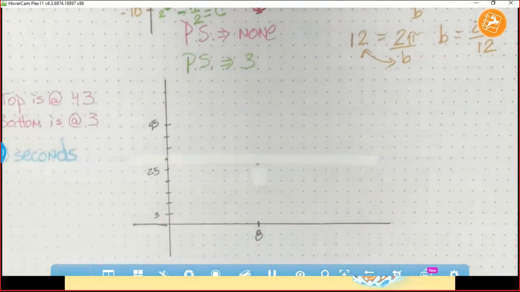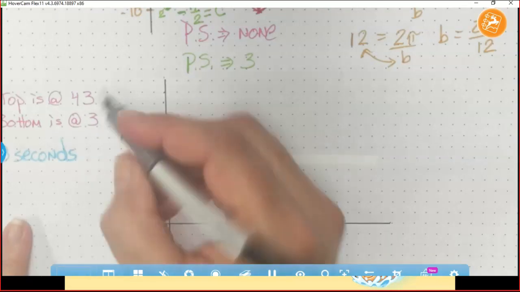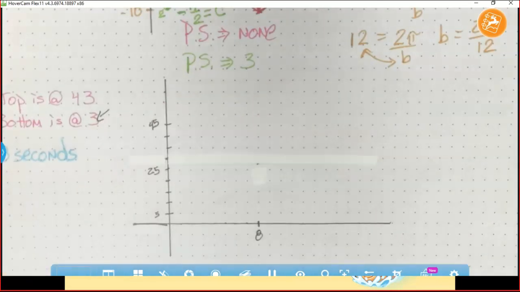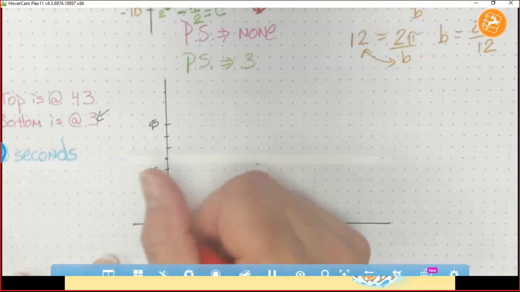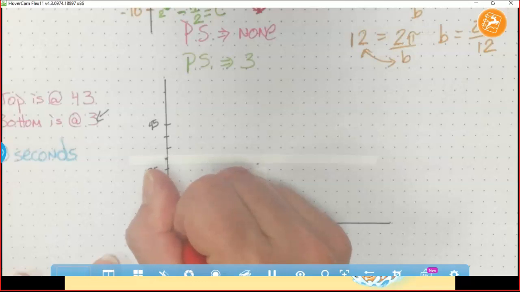So now tell me, where do I start on this graph? I'm starting below 5 and at 0 because I know I start at the bottom. This is a Ferris wheel, right? So I have to start at 3. So right here, I'm going to put my dot at 3.